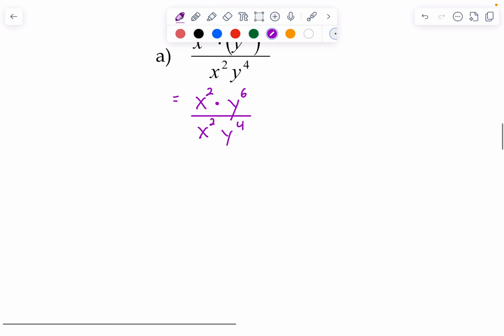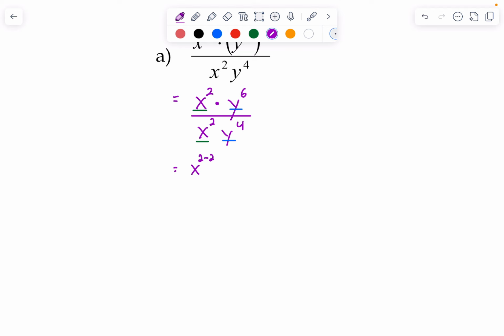Well, we have similar bases, x and x, and y and y. So we're going to be using our division rule, the exponent law for division, where you take your base. In this case, we have our common base, x, and we subtract our exponents. So 2, take away 2.